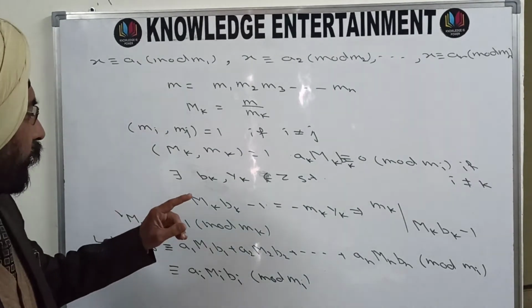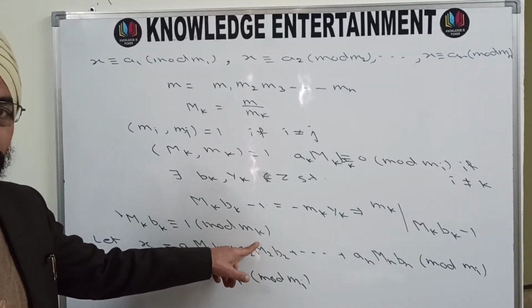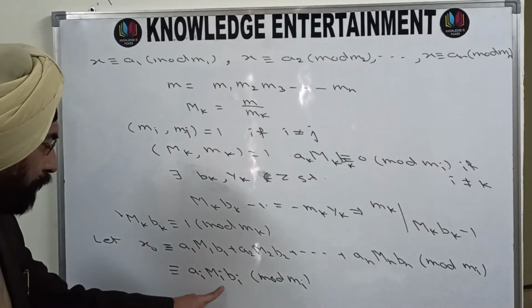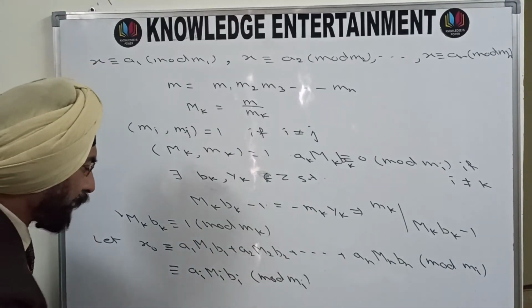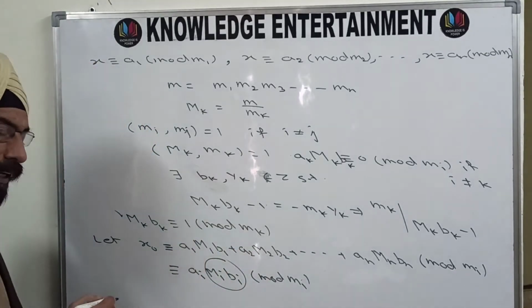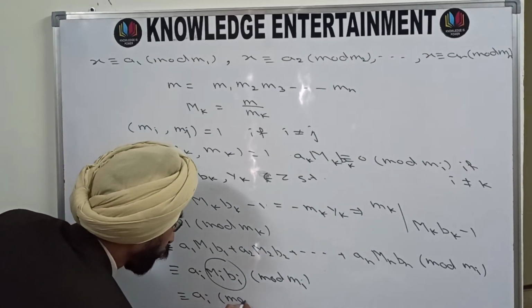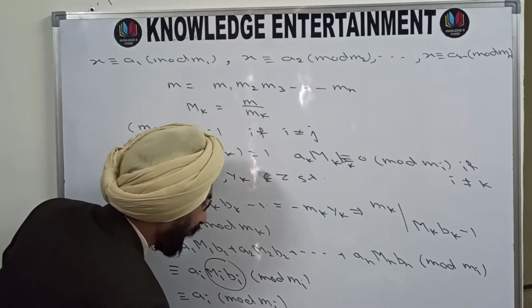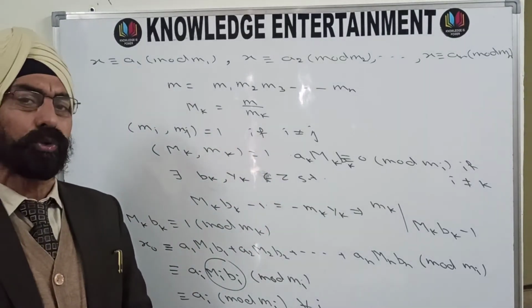Another thing: Mk bk is congruent to 1 modulo mk for every k. So this Mi bi is congruent to 1 modulo mi, and you will be left with x naught congruent to ai modulo mi. This is true for all i equal to 1, 2, 3, 4 and so on up to n.